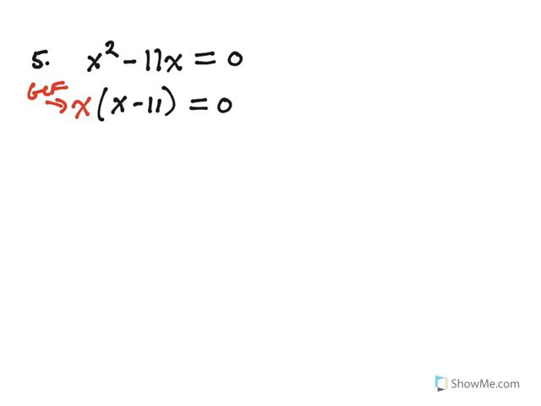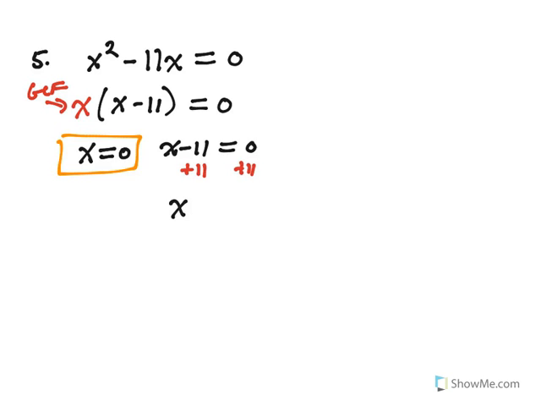And then we can set both factors to 0. x equals 0 and x minus 11 equals 0. This makes one solution. Here, if I add the 11 to both sides, then I get x equals 11. Okay, so you have two solutions there.